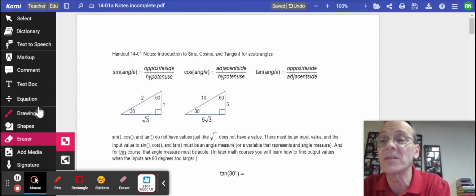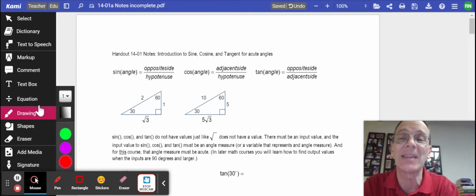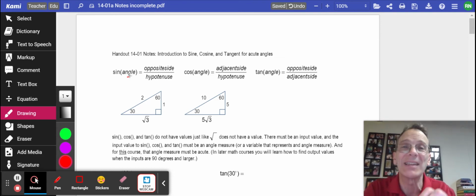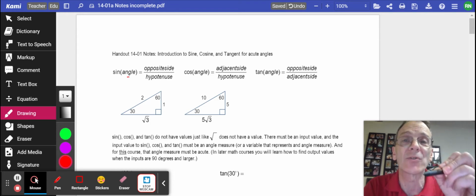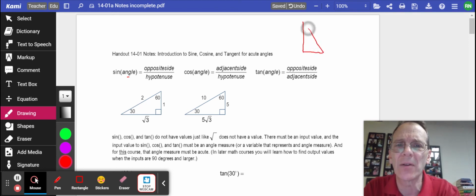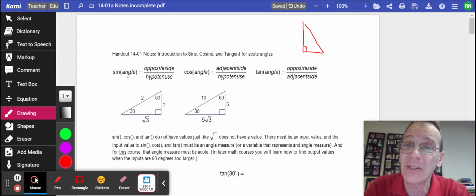The way sine of an angle is calculated is by imagining that angle existing in a right triangle. And now let's talk about that for a second. If we're imagining a right triangle, besides the right angle, the other two angles then must be acute angles.